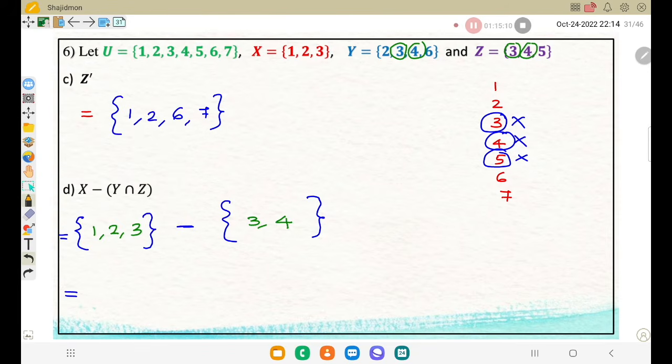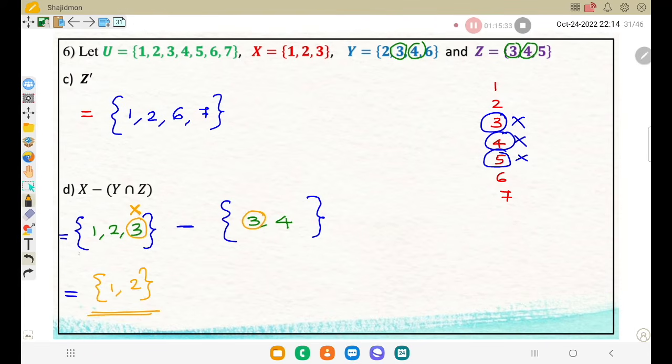Now what we need to do? X minus Y intersection Z. This set, subtract from here. That means in the first set, delete these numbers. 3, delete this number. 4 is not coming here, so no problem. After that, what are the balance numbers? Set 1 and 2. So this is the answer.